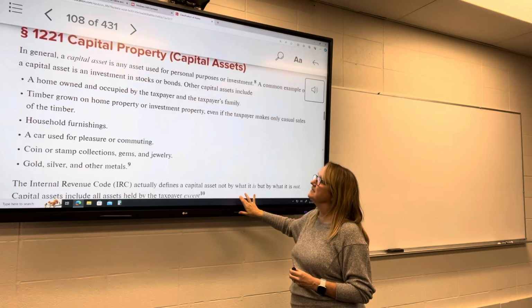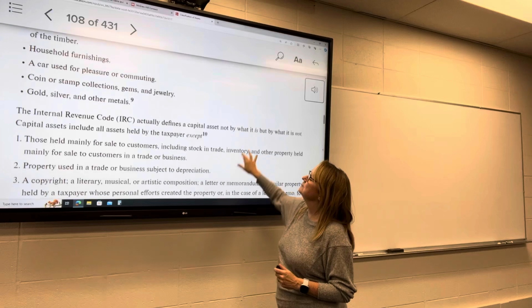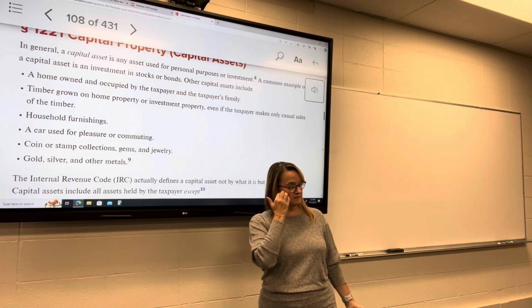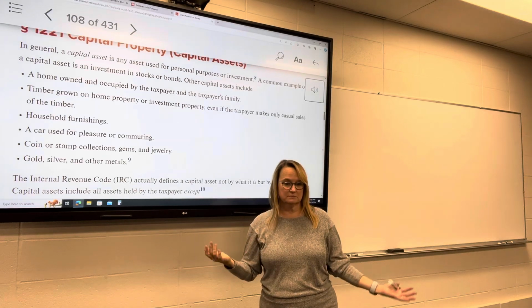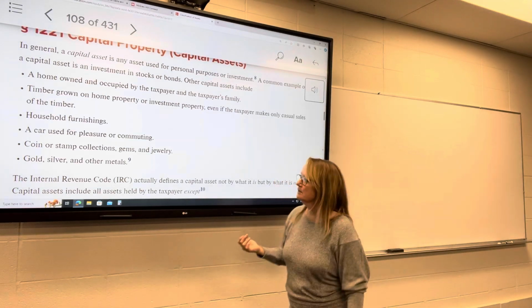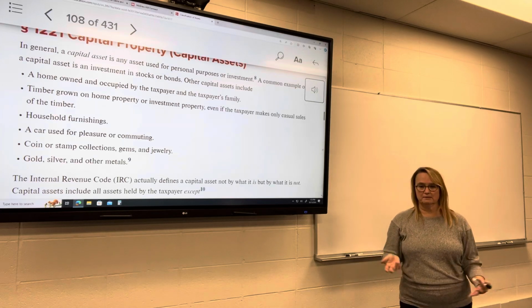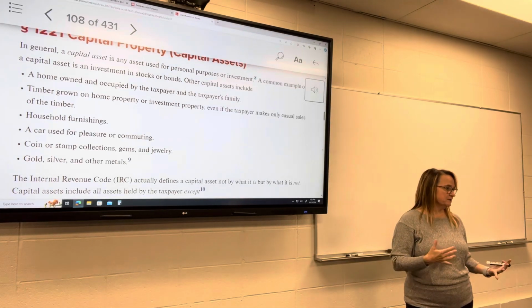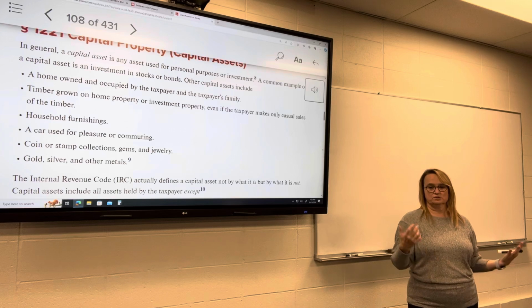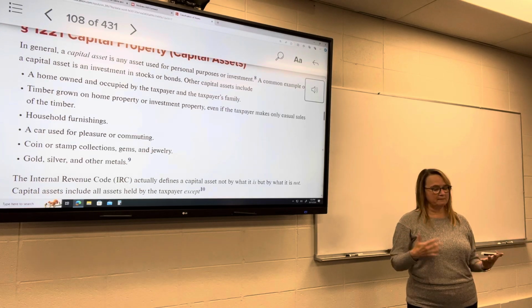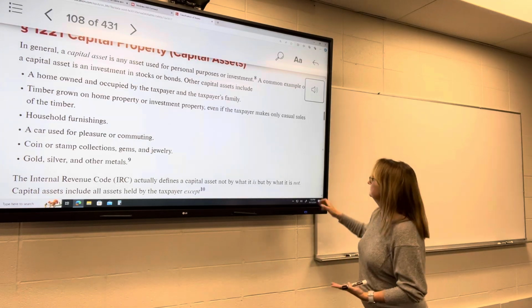These are just some examples of capital assets. Mostly what we think of with capital assets and investments is stocks and bonds, securities, that sort of thing, right? We're buying it with the intent of making money off of it being an investment. Nobody just buys stocks for the fun of it. They buy it because they think they're going to make money off of it, right?